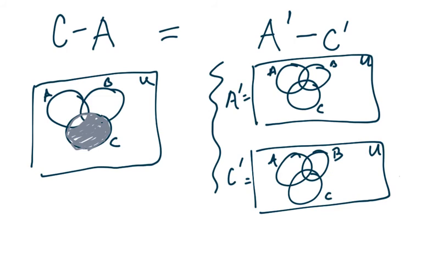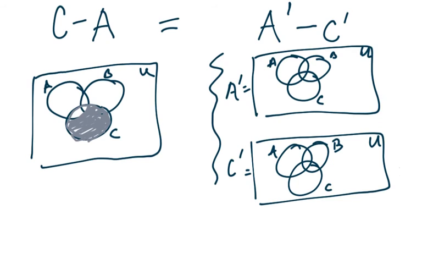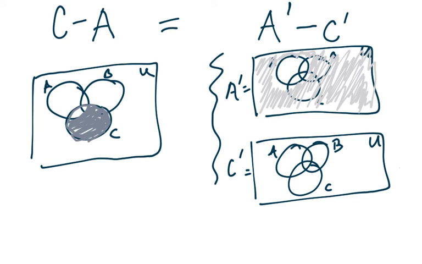Now, on the right-hand side, I'm going to do this in pieces so that I can better see what is happening. First, looking at A complement: remember that A complement is everything in the universal set that is not in A. So that's shading this whole rectangle for everything except what's in A. And then C complement is everything in the universal set except for everything in C. It's the same idea.